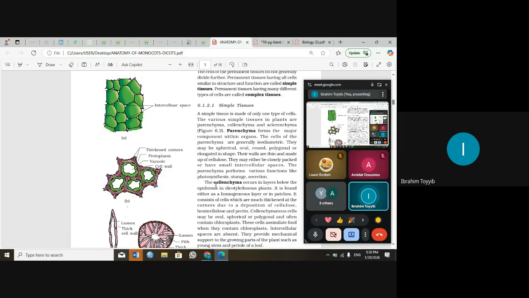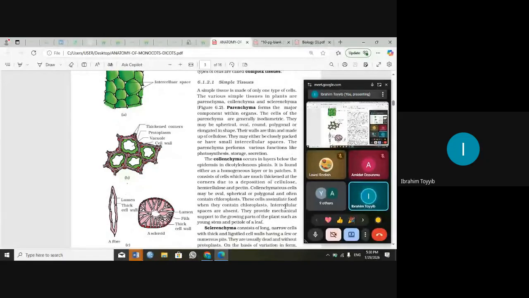The second one is collenchyma. It occurs in a layer below the epidermis in dicotyledonous plants. So collenchyma is found in what? Dicotyledonous plants. Now, what's the function of collenchyma?